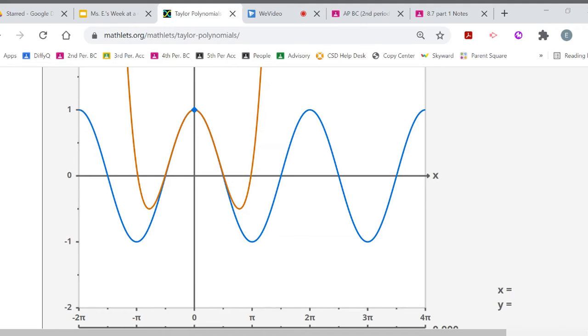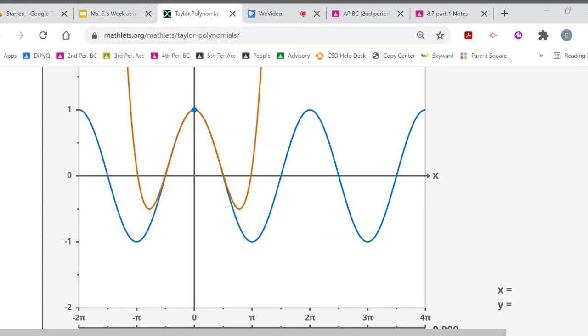I hope it makes sense that cosine of 1 would be a lot more accurate. And how come? Because you centered it at 0. And so the closer you are to the number you centered it at, the more accuracy you can rely on. The farther away you get from where you centered your polynomial, the worse off you'll be. So hopefully that makes sense.